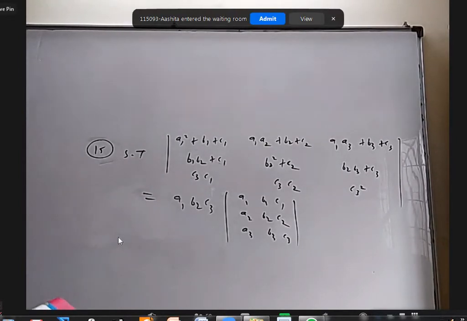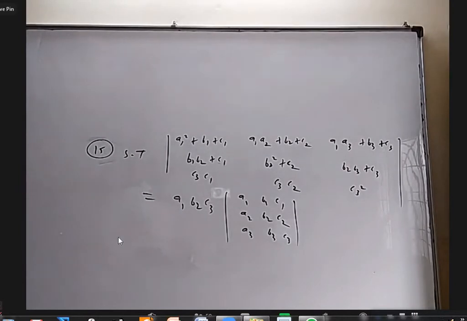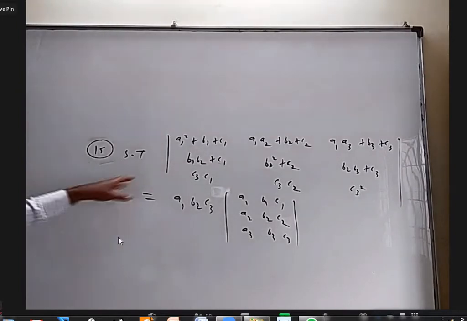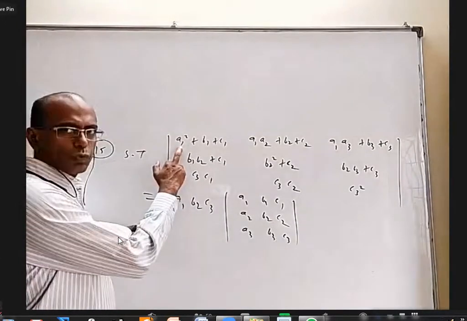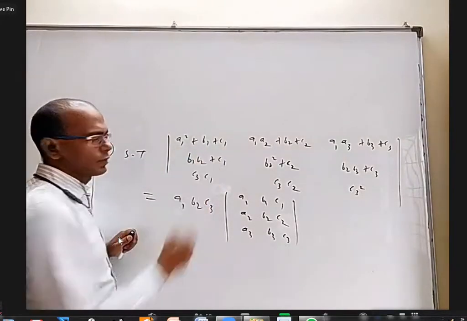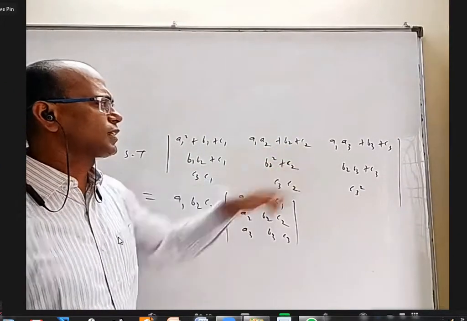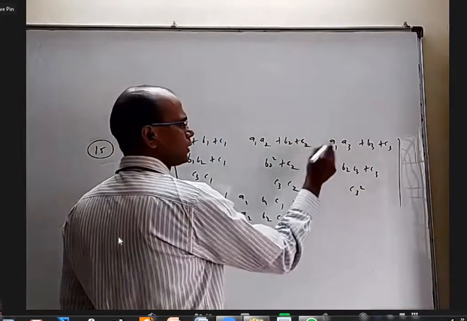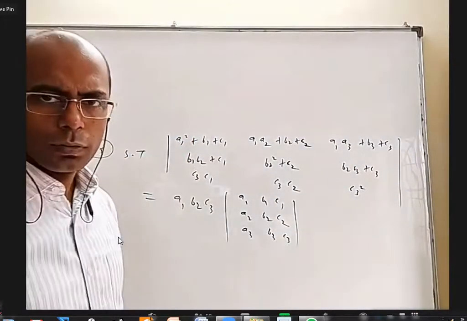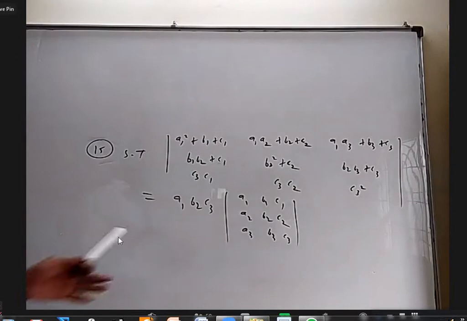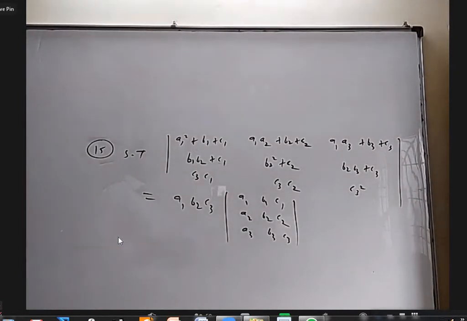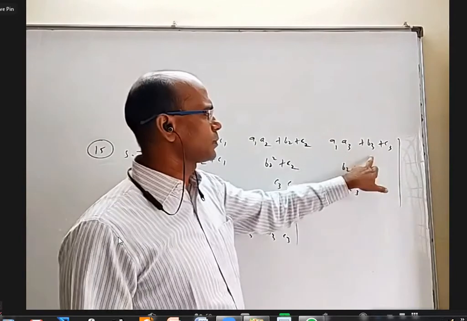Sir, can you read the matrix, please? I'll read it. No problem. Okay. Show that the determinant, first row I'm reading: A1 square plus B1 plus C1, A1 A2 plus B2 plus C2, A1 A3 plus B3 plus C3.